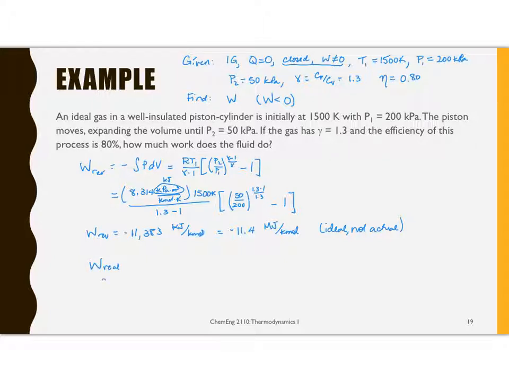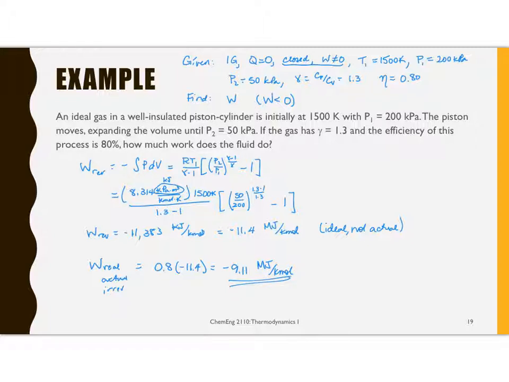The real or the actual or the irreversible amount of work is going to be 0.8 times that. Negative 11.4 equals negative 9.11 megajoules per kilomole. So that's our answer.